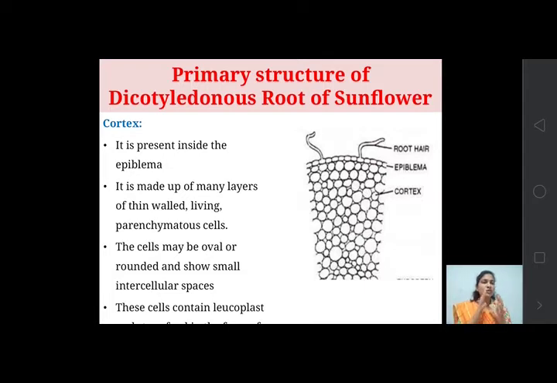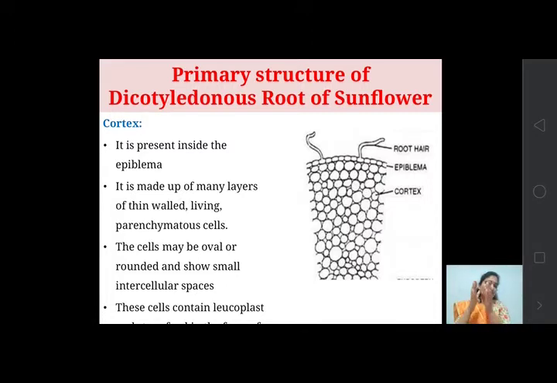So intercellular spaces are present in the cortex region, and these parenchymatous cells sometimes contain leucoplasts, chromoplasts and pigments. So this is the cortex region. Under the epiblema, there is a multi-layered structure that is known as the cortex.